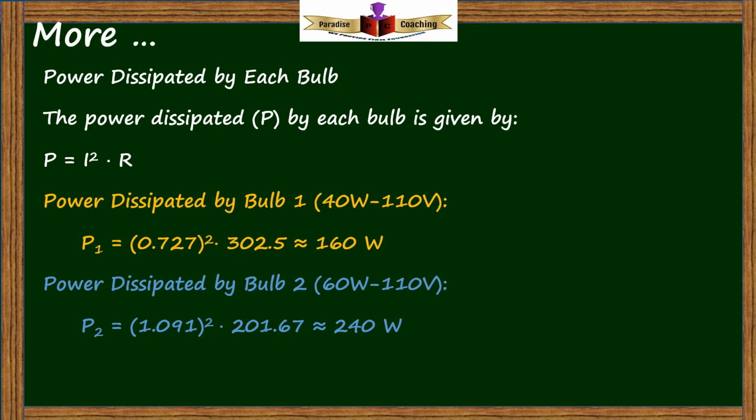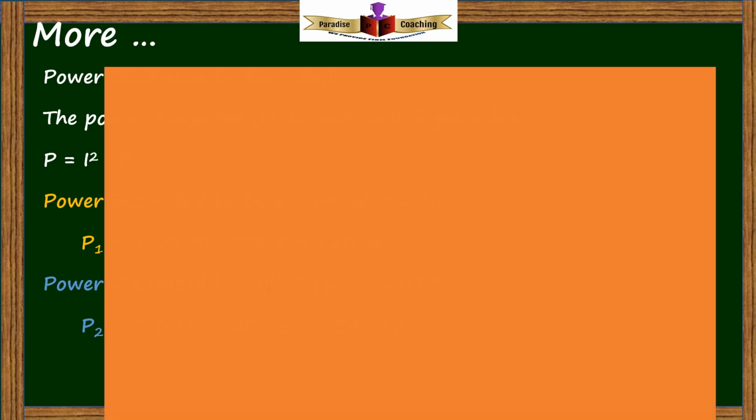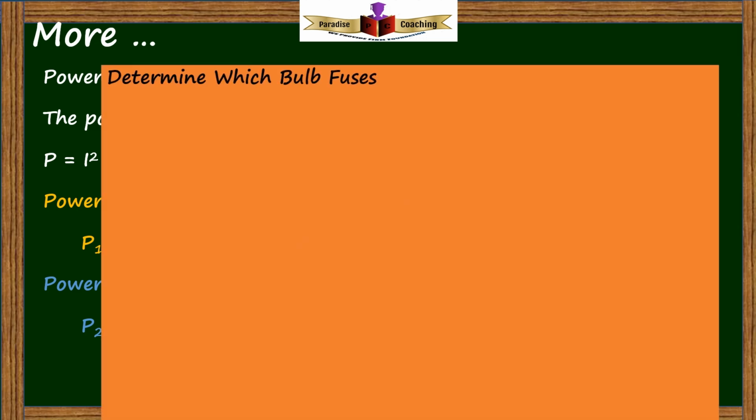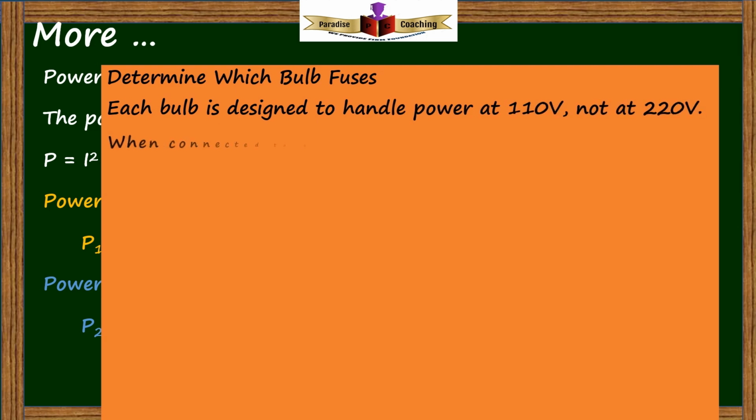The power dissipated by bulb 1 is 140 watts or 140 joules per second, and that of bulb 2 is 240 watts or joules per second. Here is the summarized calculated and rated data.